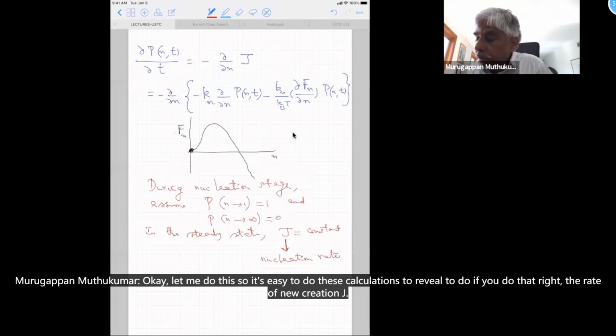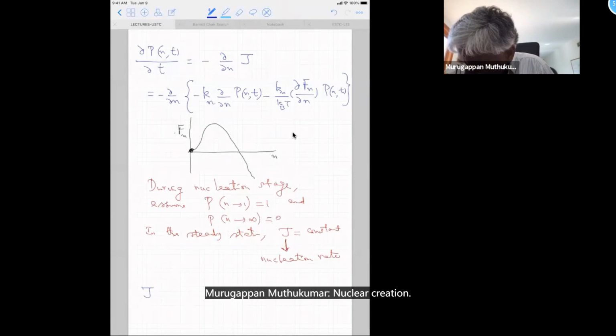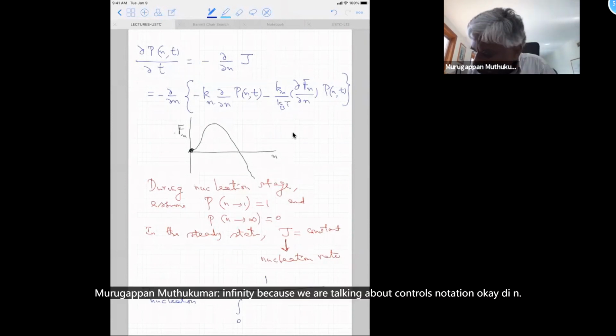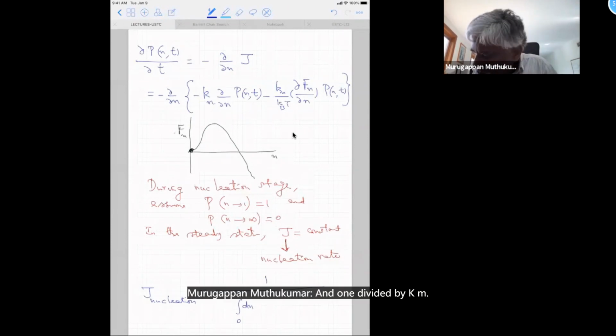If you do that, the rate of nucleation, J nucleation, is equal to 1 divided by an integral from 0 to infinity, because we are talking about continuous notation, dn and 1 divided by kn.